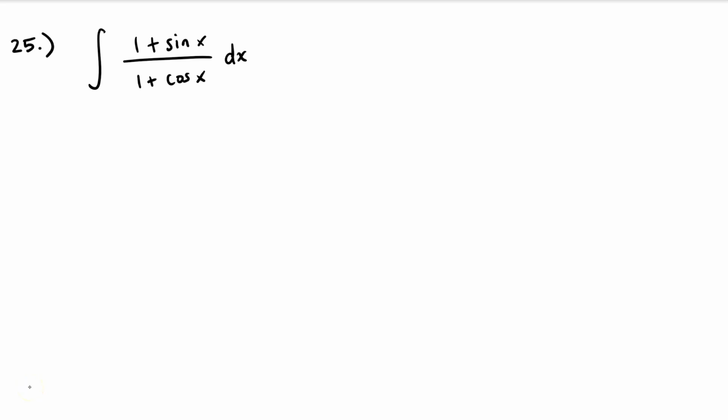For question 25, we have the integral of 1 plus sine of x over 1 plus cosine of x dx. And I'm going to approach this question by multiplying both the numerator and the denominator of our integrand by 1 minus cosine of x.